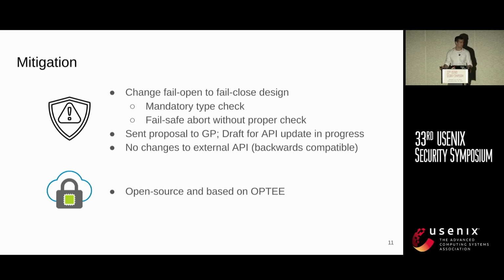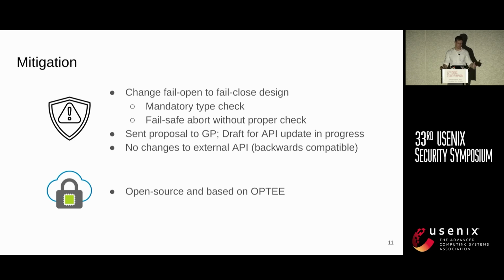We sent this proposal, this mitigation, to GlobalPlatform. They were really happy to read about this, also the empirical analysis behind it. And now this entire draft is under review within GlobalPlatform, and we really hope that our changes make it into the next specification to, in the end, secure future trusted execution environment implementations.